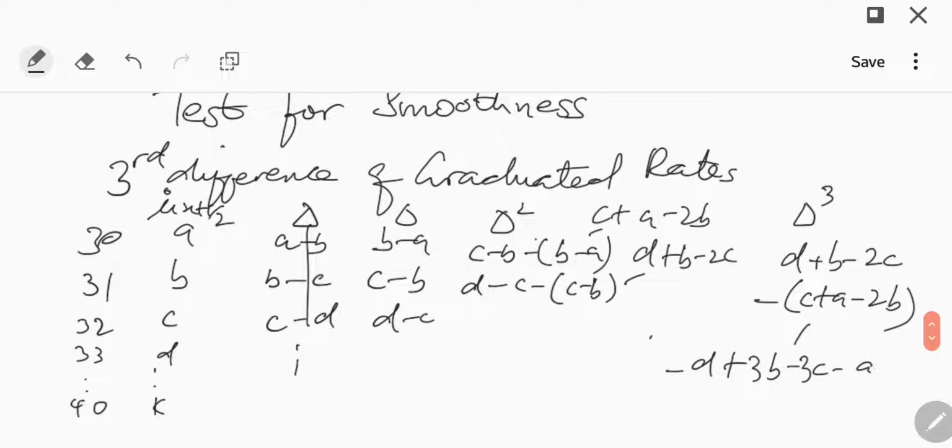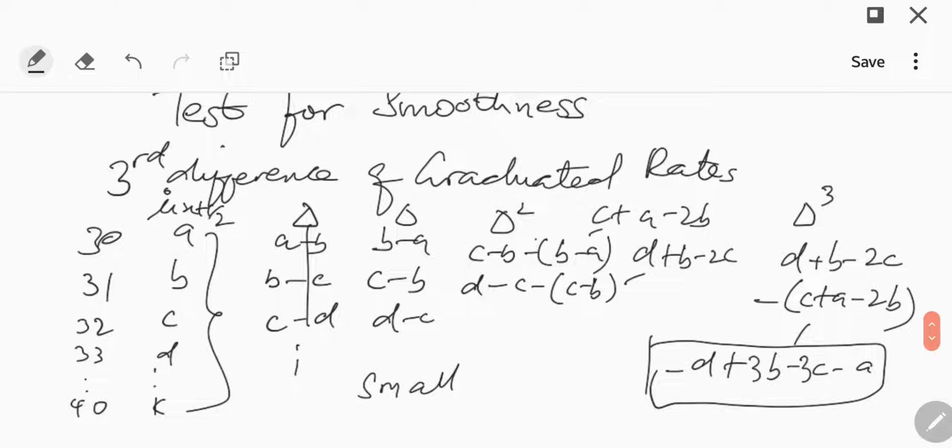In case of this third difference, if the third difference values are very, very small with respect to the original graduated values, then we say that these graduated rates are very smooth.